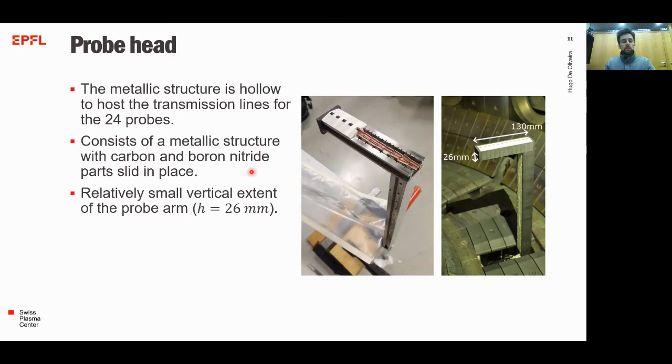After that, the carbon and the boron nitride thermal shields are slid in place, and those small parts are able to expand when heat is applied on them, and therefore the risk of cracking is reduced. We managed to reduce the vertical extent down to 26 millimeter, and we believe that it can hardly be lower than this dimension.